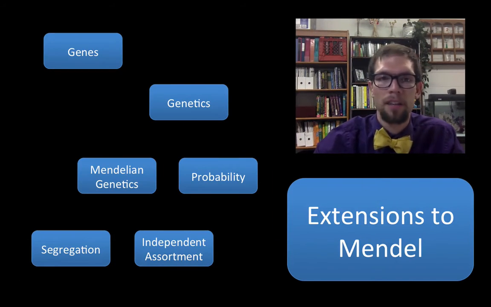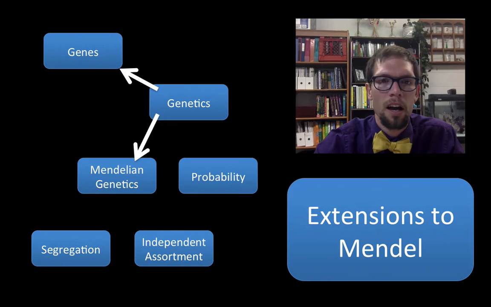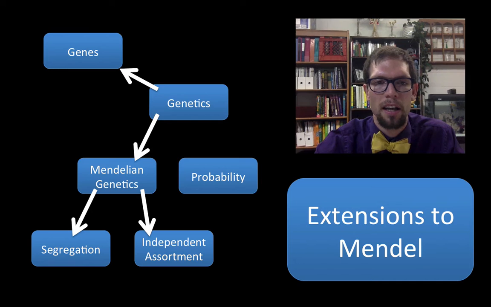In this video, we're going to look at genes, their structure, and what genes actually are. Then we'll go into depth on Mendelian genetics, the experiments he performed, and the two principles he came up with: the principle of segregation and the principle of independent assortment.